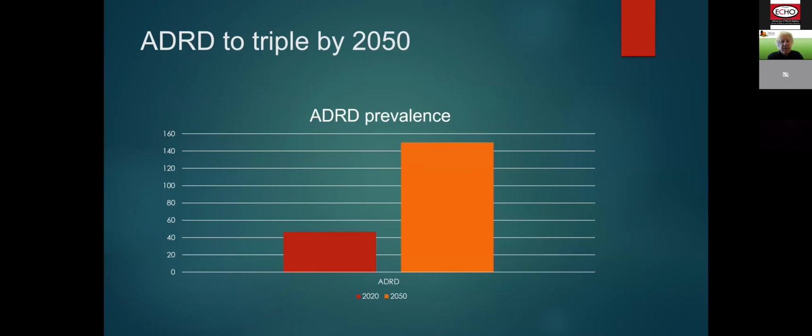So this is somewhat scary. Dementia, in particular Alzheimer's, is going to increase dramatically over the next couple of decades, and it will probably overtake cardiovascular disease as the most prevalent chronic disease amongst the older adult population.